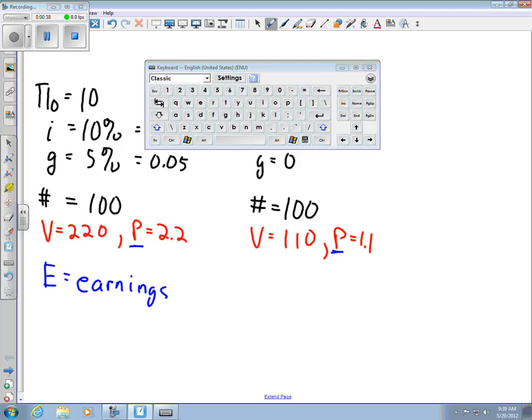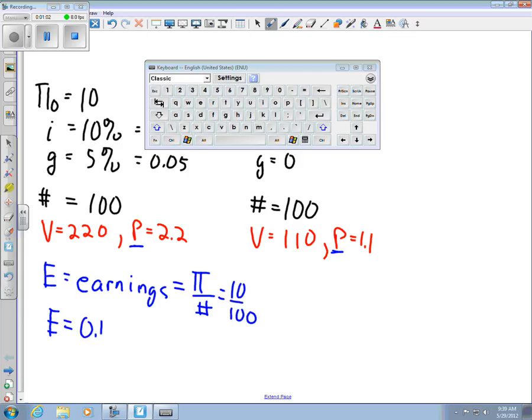Relatively easy to get. This is just the profits divided by the number of shares. So in the first case, we had profits of 10 divided by the number of shares, or 100, and that equals 0.1.